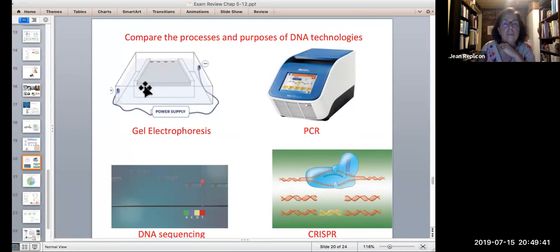You put it into this gel, and then you run electric current through it. Because DNA is negatively charged, it's going to travel towards the positive electrode, and little pieces will be able to make their way more easily. So little pieces are going to travel further, larger pieces not as far. So we can separate pieces of cut DNA.